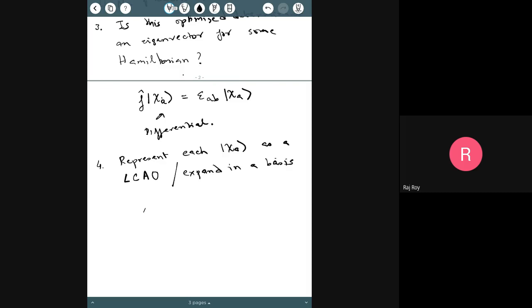And after we do that, we take matrix elements with respect to this basis.